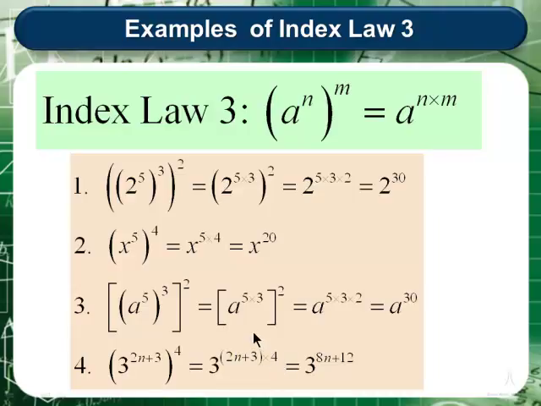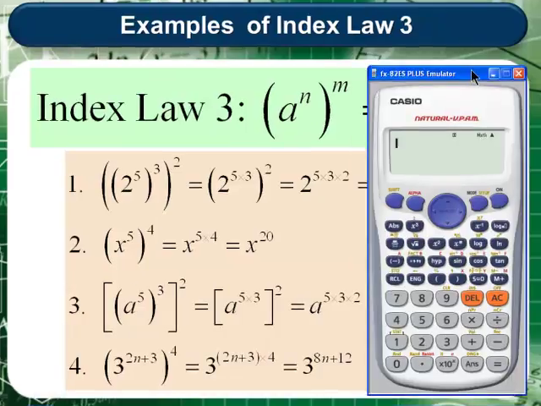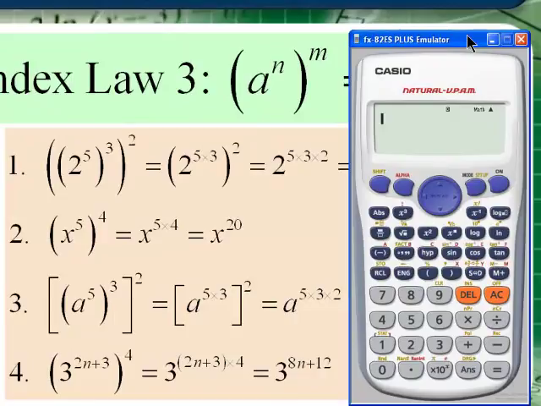Let us, just to finish this off, use our calculator in example number 1. Right, let's try and show that this will be 2 to the power 30. So I've got 2 opening brackets here, and I have 2 raised to the power 5.